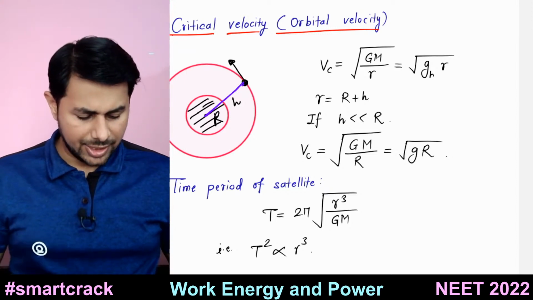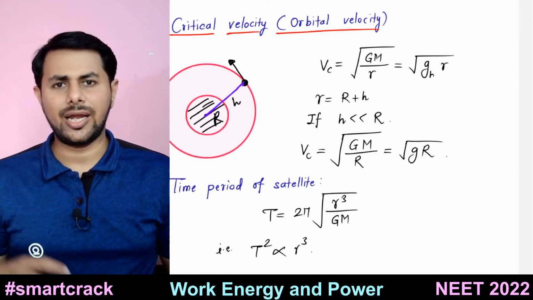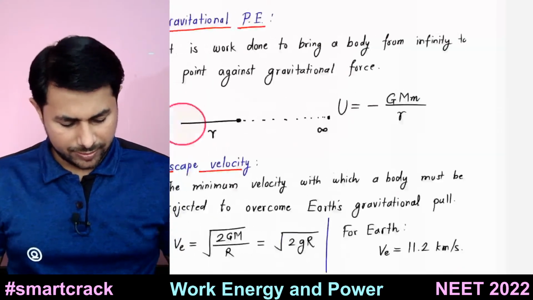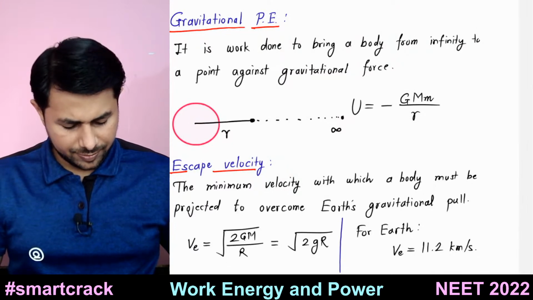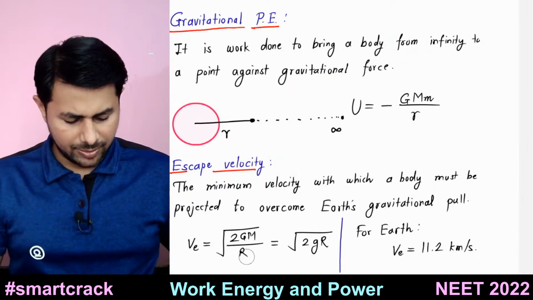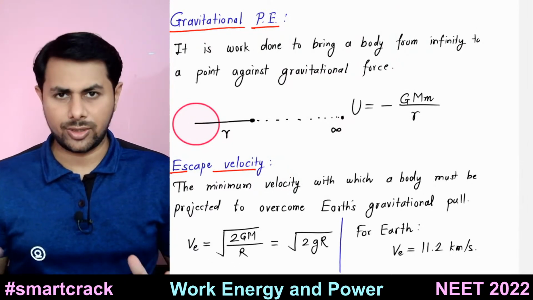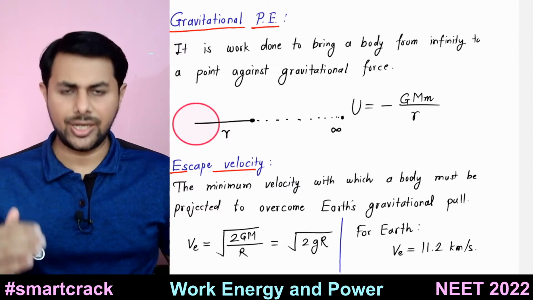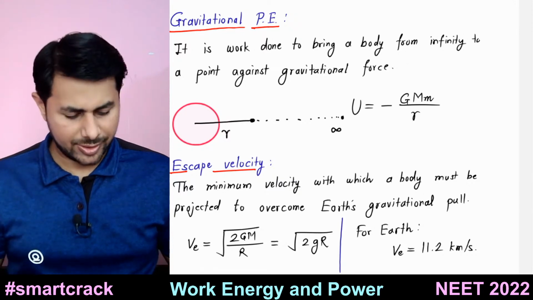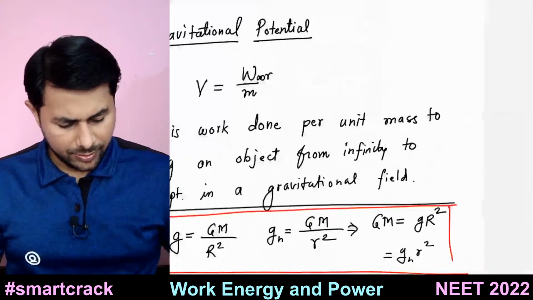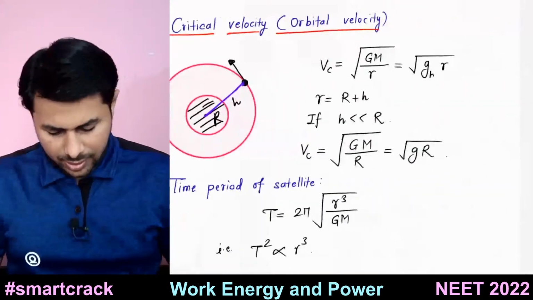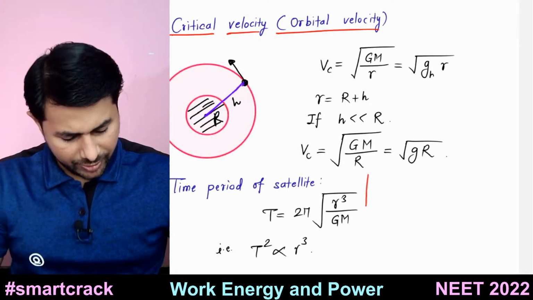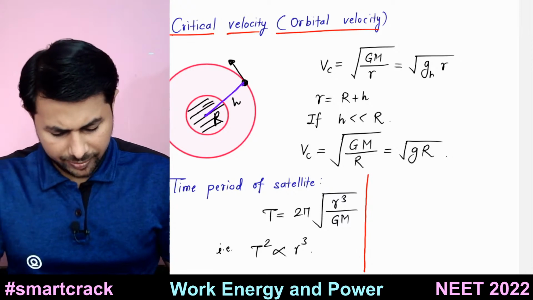And what is the relation between critical velocity and escape velocity? We have this formula for escape velocity: from Earth's surface it is square root of 2GM over R. At some height it will be square root of 2GM divided by (R plus h). So what is the relation between the escape velocity and critical velocity?